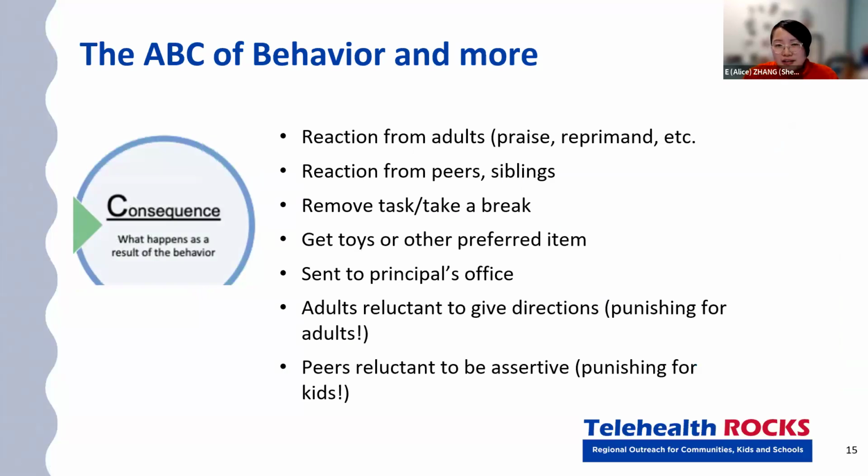So in terms of consequence, we're also talking about things that happen right after the behavior. When a child has a behavior, challenging behavior in particular, adults often respond with actions such as praise or reprimands, or peers or siblings may also react, especially in the classroom setting. It is so hard.